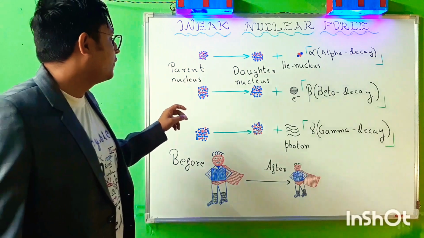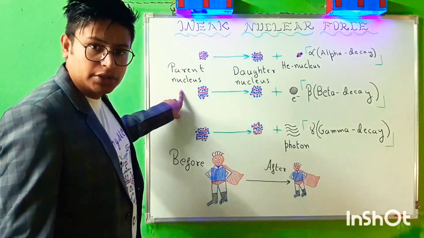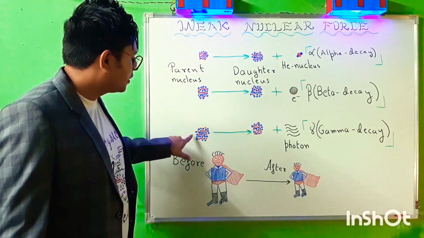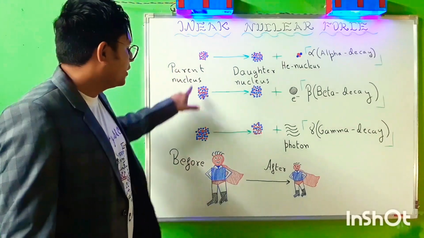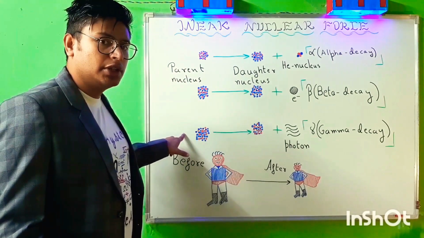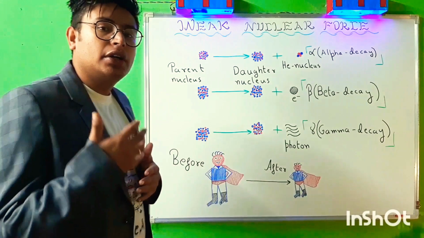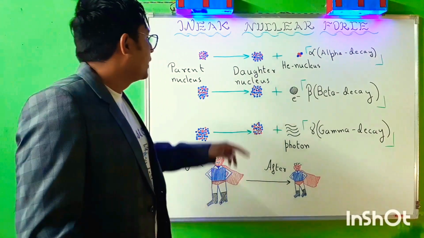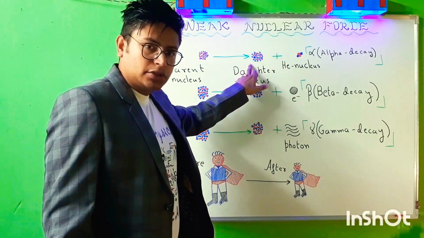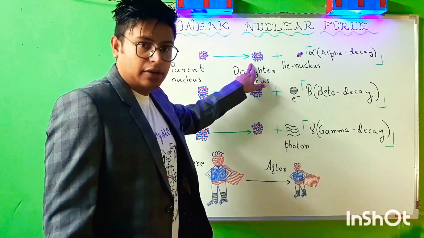In the case of alpha decay, we have the parent nucleus. A parent nucleus is the original nucleus before the process of decay. And we have the daughter nucleus, which is after the decay.